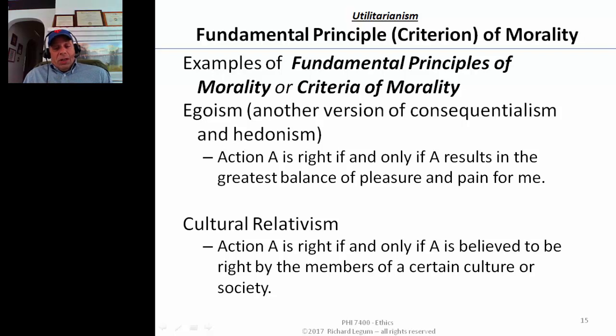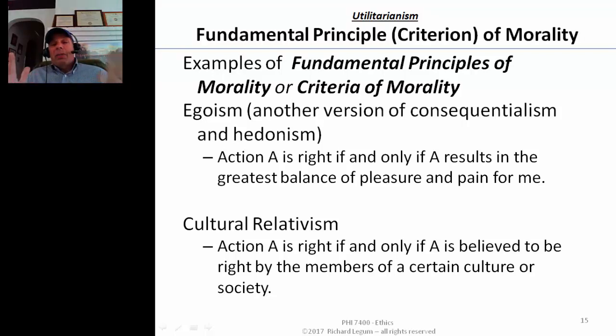We see that according to the criterion of morality, it's believed by the members of this particular society that burial is the preferred method of putting the person's corpse in its final resting place. And that's sufficient according to this principle to make the action right. Okay, so that's how we apply it.